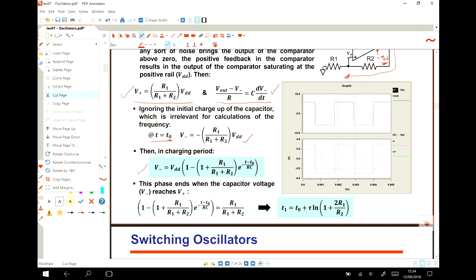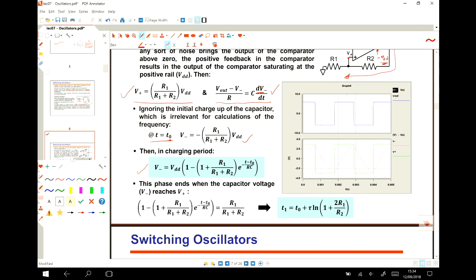I can just write down here. So if you do the integral on this, see, this is a differential equation, and it has two answers. If you solve this differential equation based on dV minus, and this is V minus, then you will reach this one.